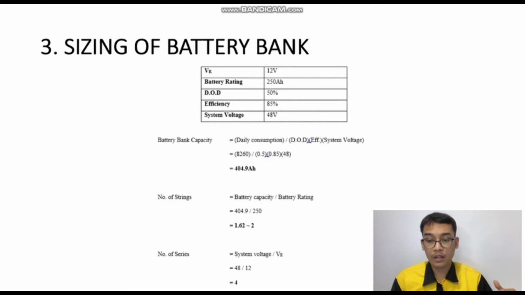After doing some calculation, we will get our battery bank capacity as 404.9 AH, and the number of strings for our battery bank is 2, and the number in series is 4.